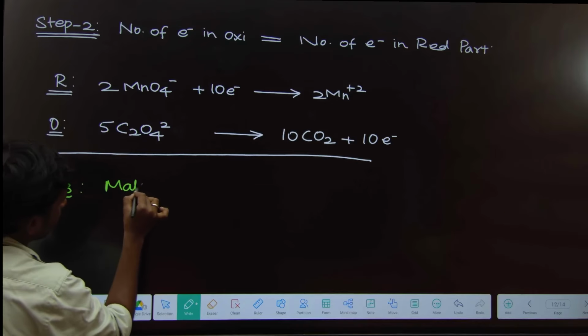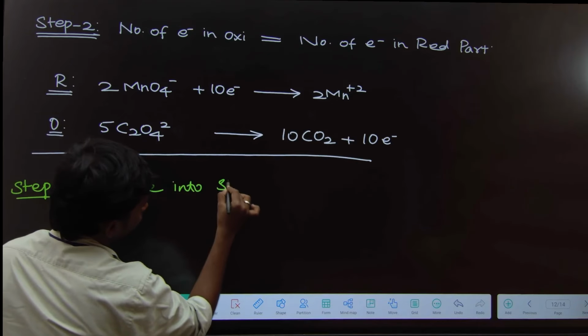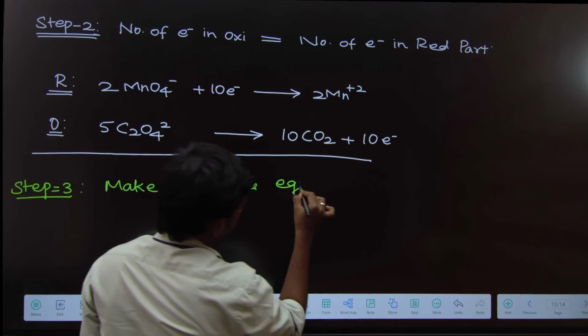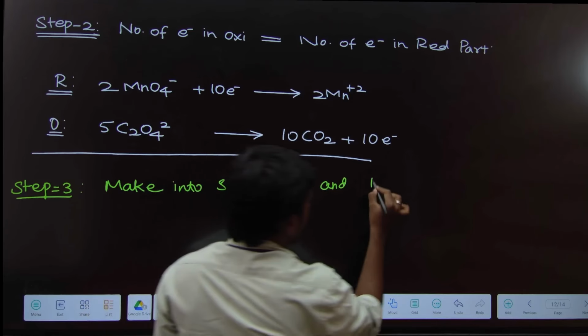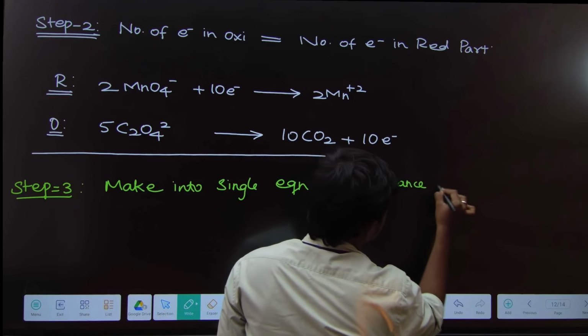Step number 3: make it into a single equation and balance oxygen.